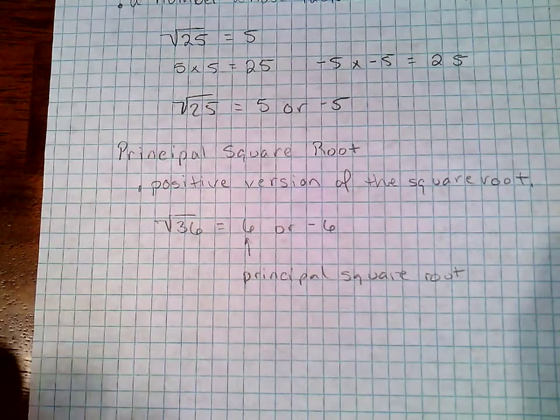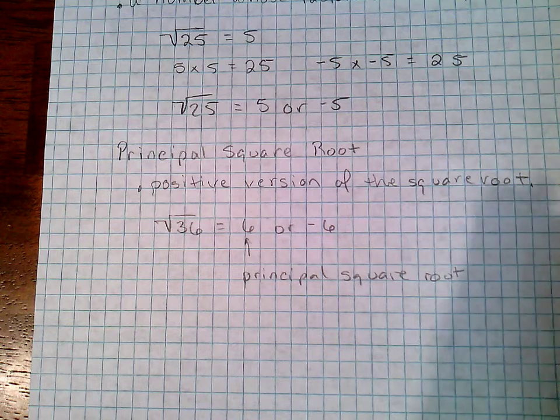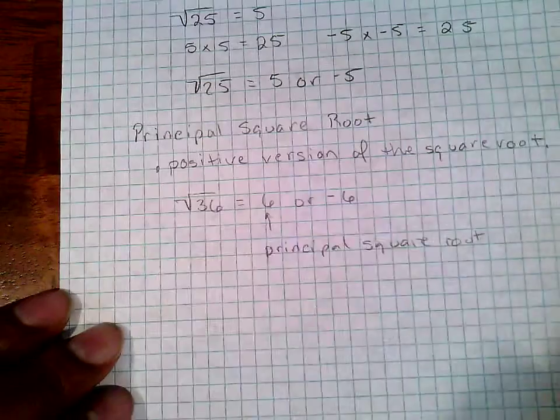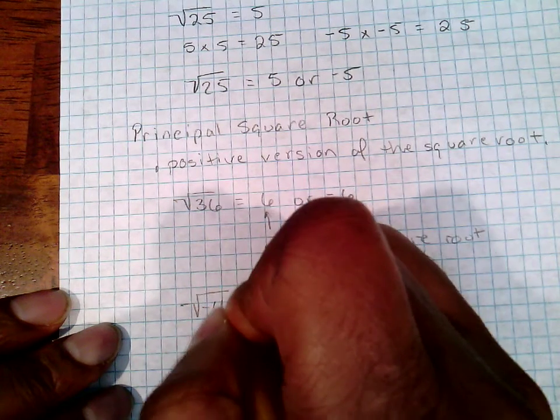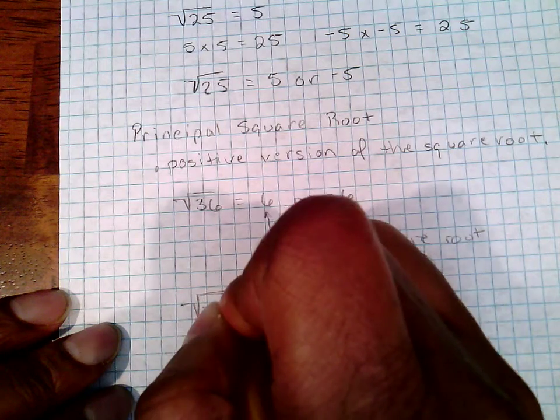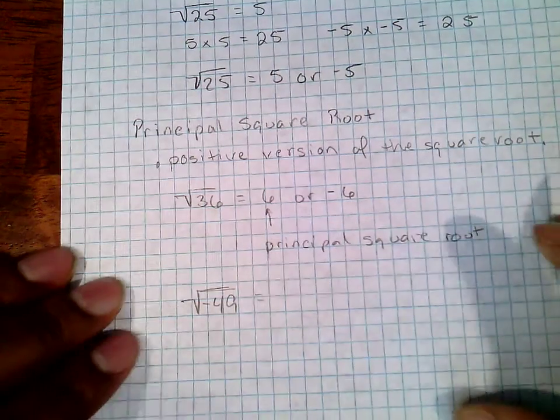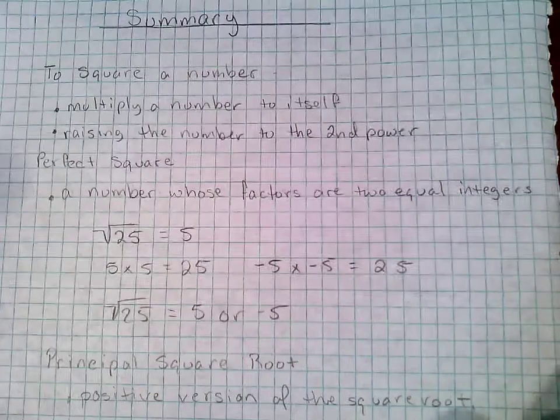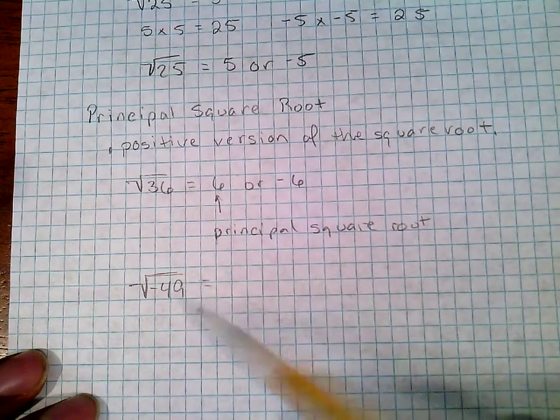All right, now, another question would be: could a negative number have a square root? If we look at the square root of negative 49, then we have to think about, going back to the definition, are there two equal integers that we can multiply to get negative 49?